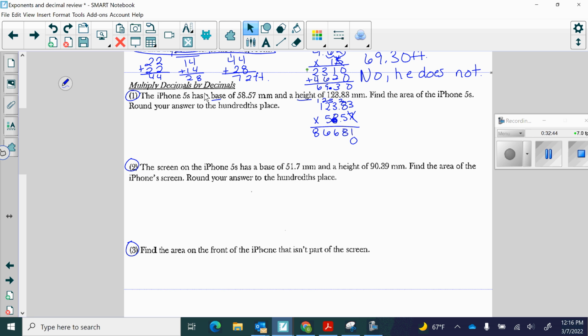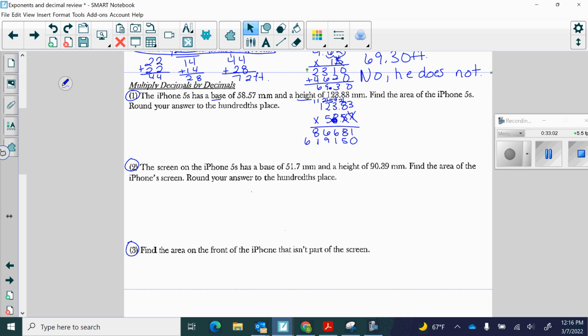5 times 3 is 15. 5 times 8 is 40 plus 1 is 41. 5 times 3 is 15 plus 4 is 19. 5 times 2 is 10 plus 1 is 11. And 5 times 1 is 5 plus 1 is 6.